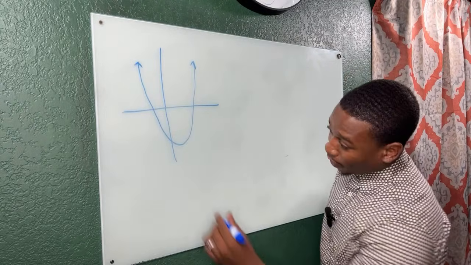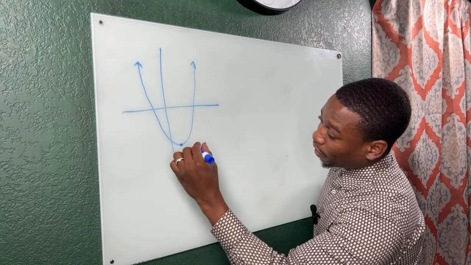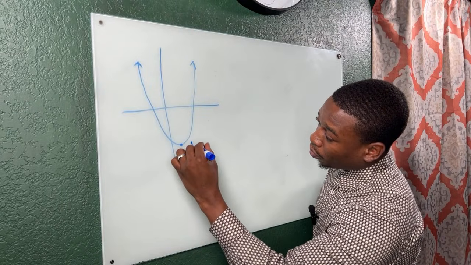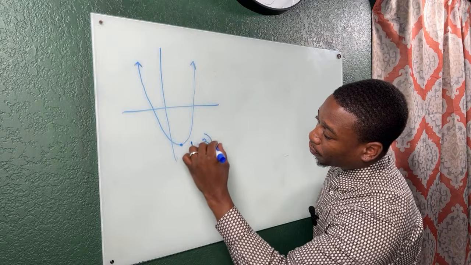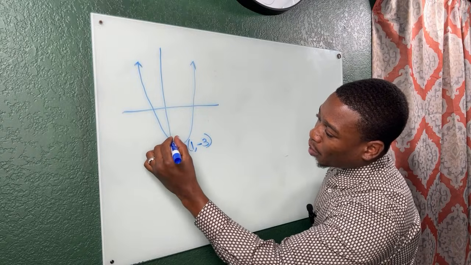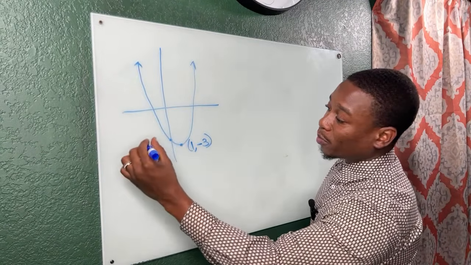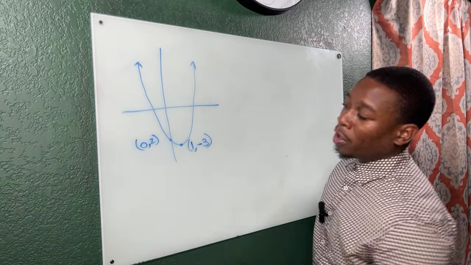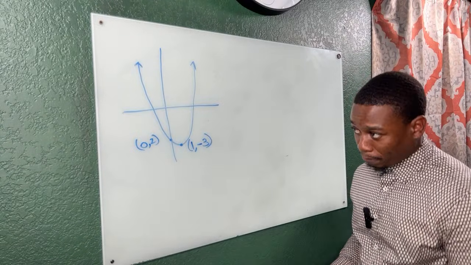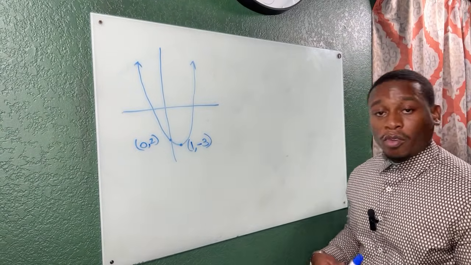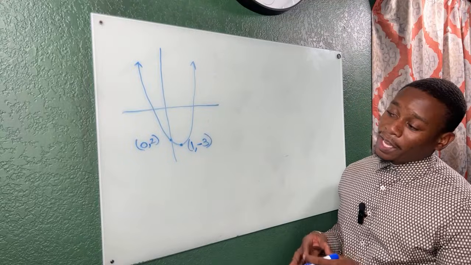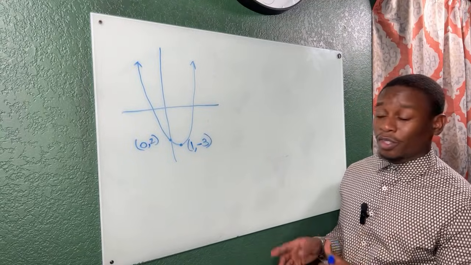They told us that this vertex is (1, -3), and they gave us the y-intercept. I know this isn't drawn to scale, but just imagine they gave us the y-intercept of (0, 2). Just remember, family, we have to remember transformations. So they're basically asking us for the quadratic equation for this graph.